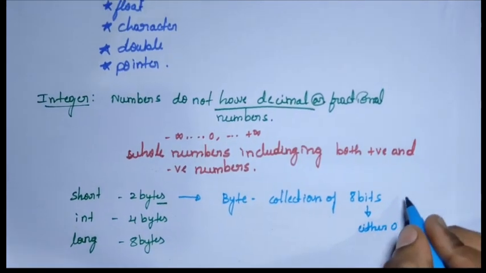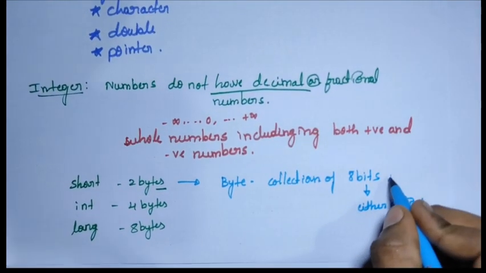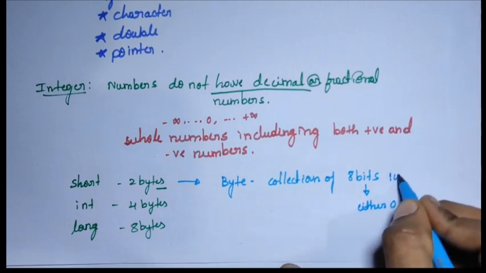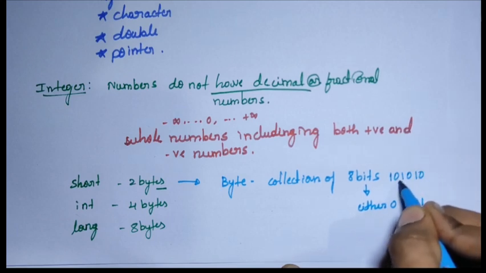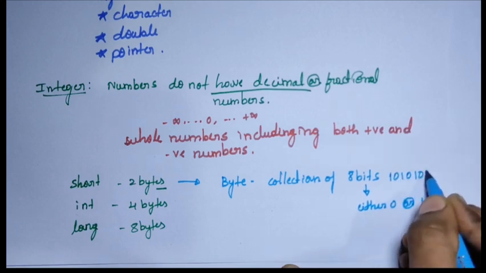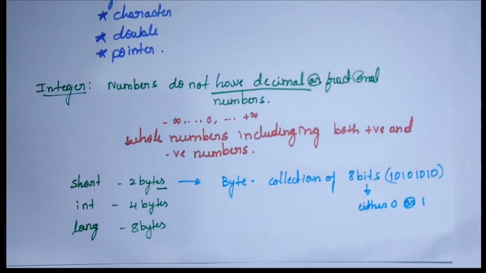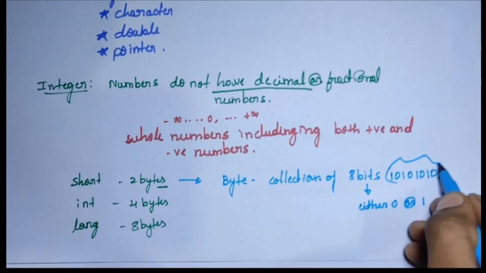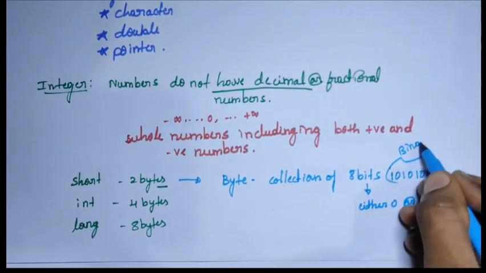What does 8 bits mean? It's a combination of 1s and 0s, for example 1 0 1 0 1 0 1 0. So this is a collection of 8 bits. A bit is nothing but each binary value; we basically know these as binary digits.